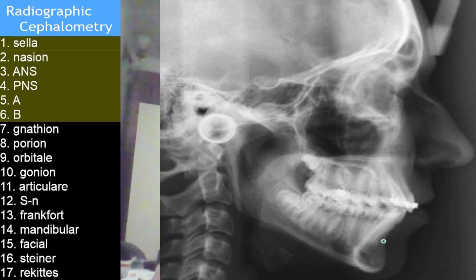Again, it is the most posterior point of the concavity of the anterior surface of the mandible in the midline above the pogonion.